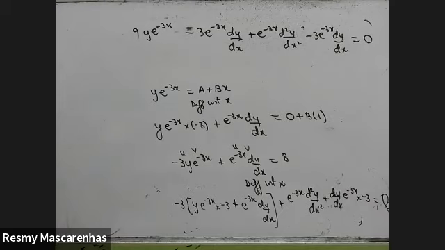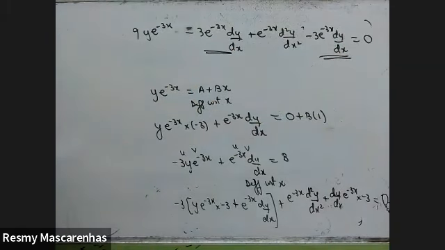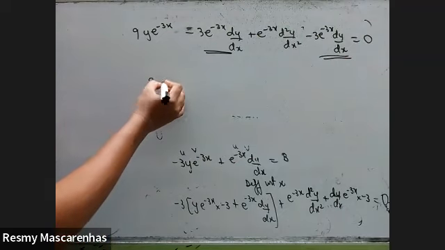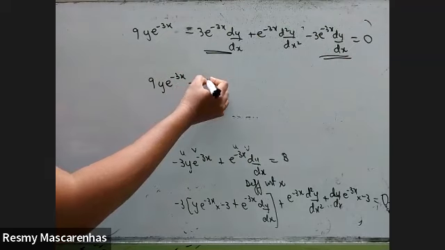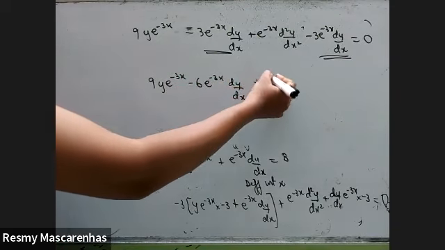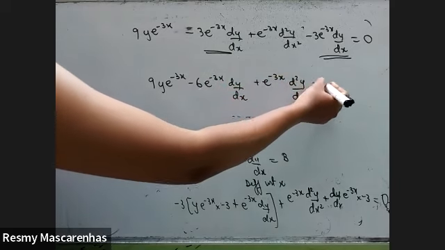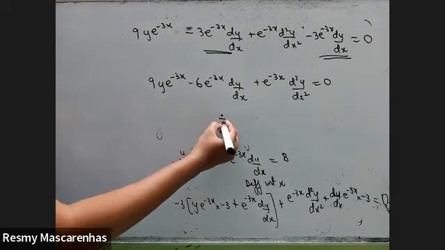If you notice, these are the same terms. Minus 3 will become minus 6. And everywhere e raised to minus 3x is common.